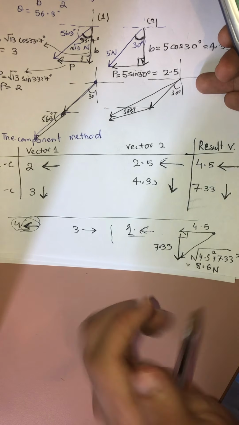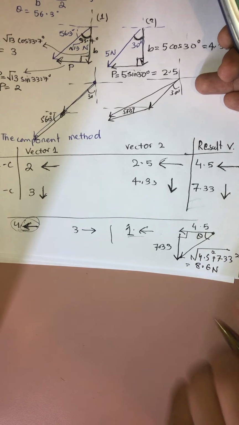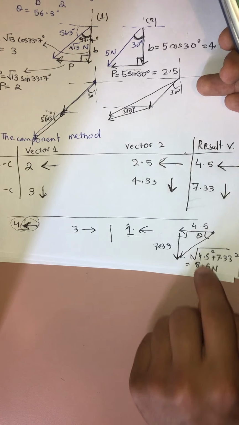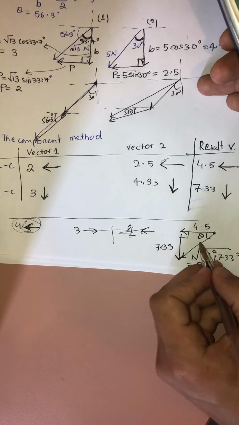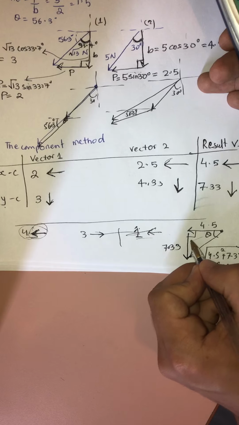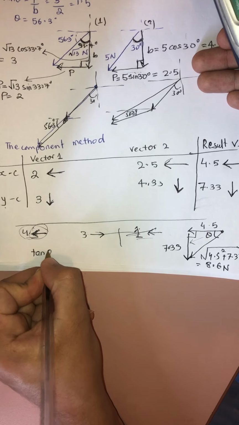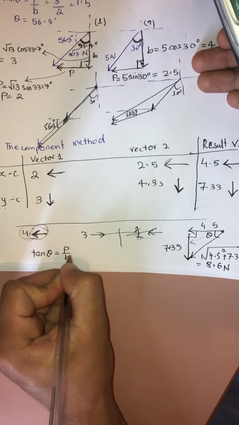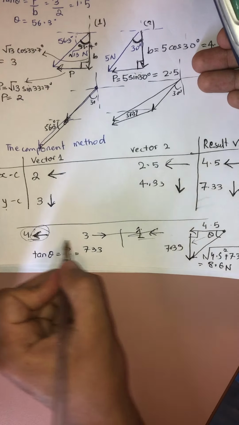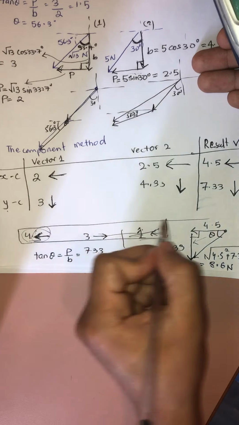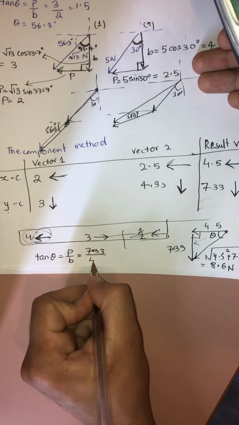We have only managed to find the magnitude. We have to find the angle as well. It's very important because the angle gives the direction. Without the angle, the question is incomplete. To find the angle, we know that the side opposite to the angle is the perpendicular, and tan theta is equal to perpendicular divided by base. So the perpendicular is 7.33, divided by 4.5.